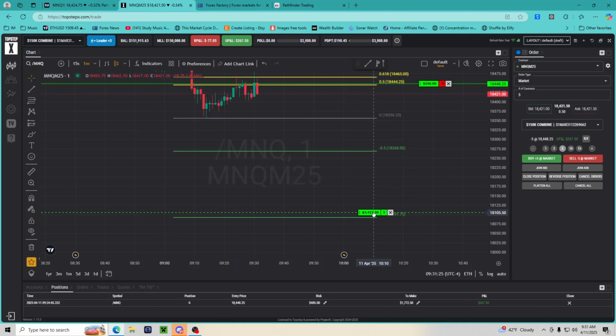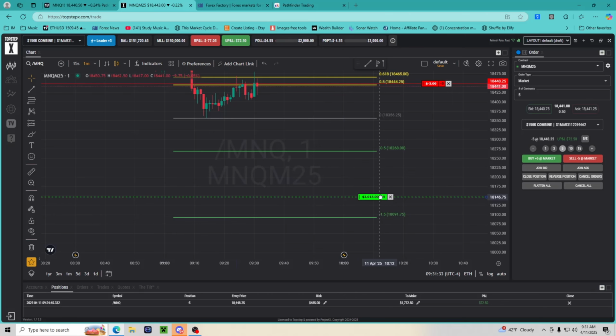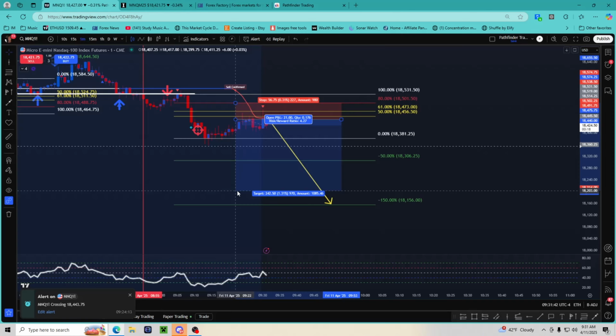So we don't even need to get that low, but that would be the target. 18147 would be that level. 18147. So this is pretty close down in here.